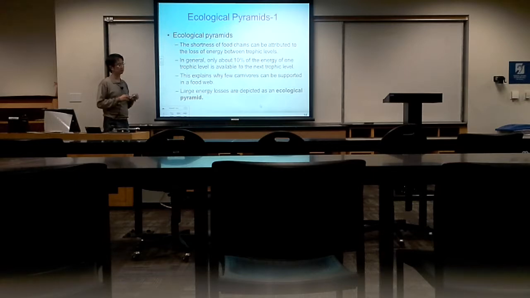That's why there may not be enough energy for the carnivores at the top of the food chain to support a large population. That's why the population of carnivores on top of the food chain is usually very small.